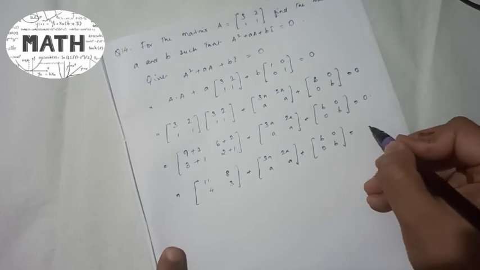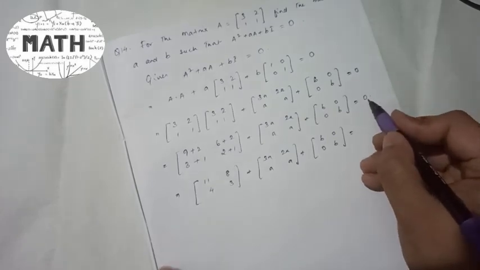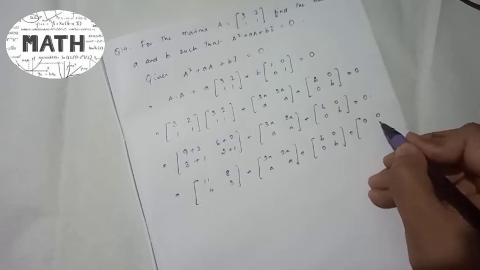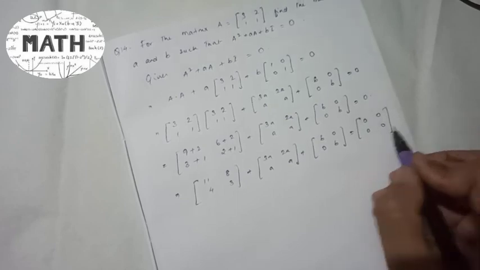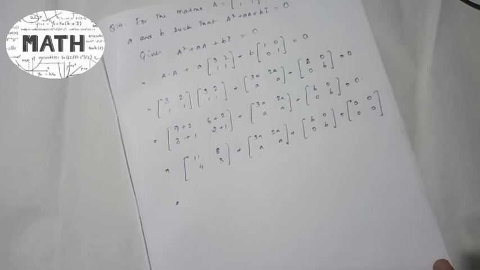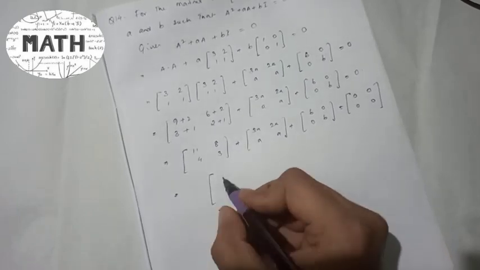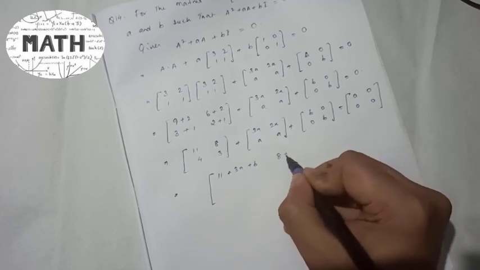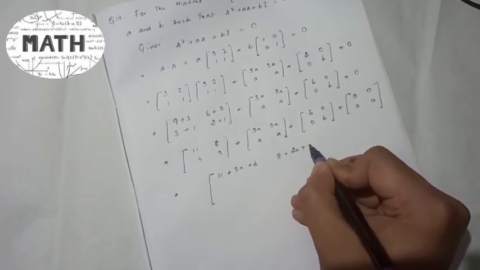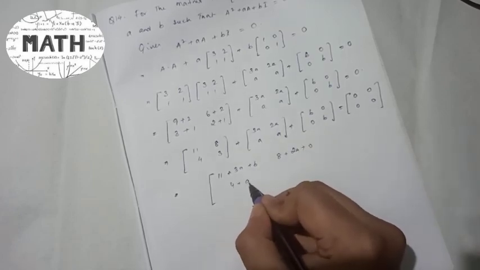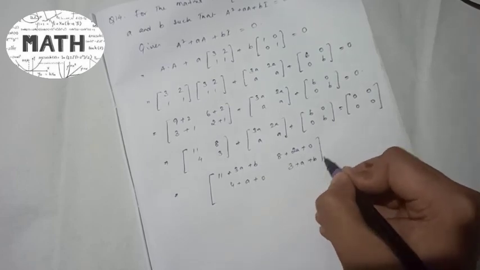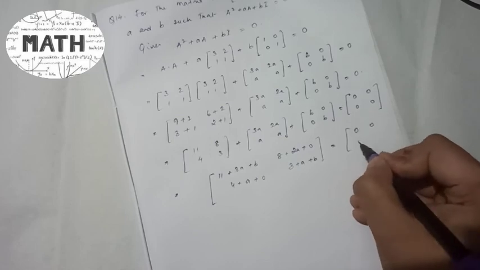Now on the right hand side I got the equation to be 0. 0 means I can write the matrix as 0, 0, 0, 0. That's your zero matrix. Now the left hand side, everything I'll put under one matrix, so I'll get 11 plus 3a plus b, 8 plus 2a plus 0, 4 plus a plus 0, 3 plus a plus b is equal to again the same thing, 0, 0, 0, 0.